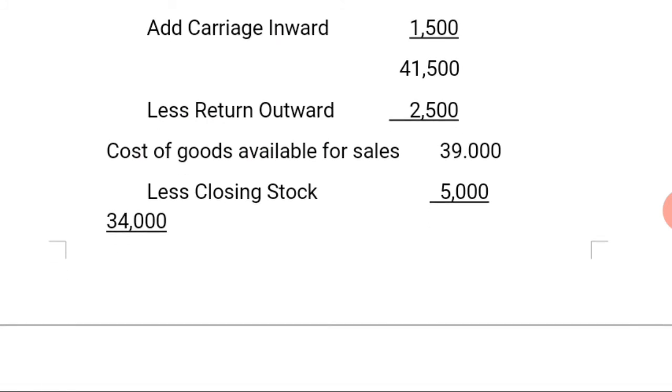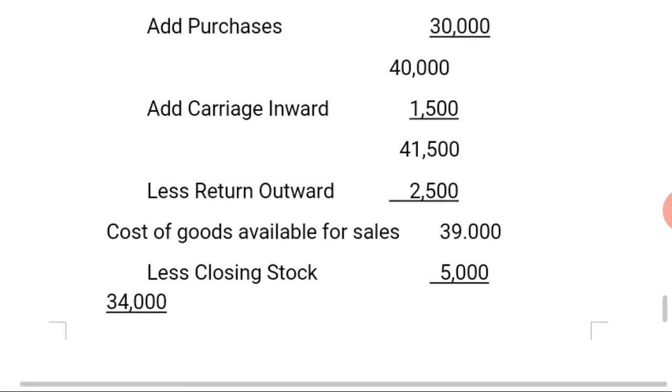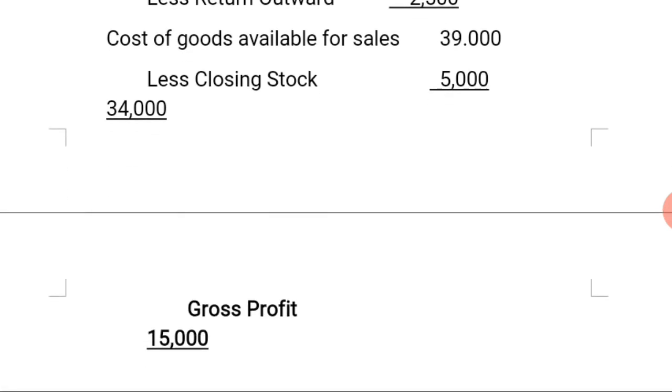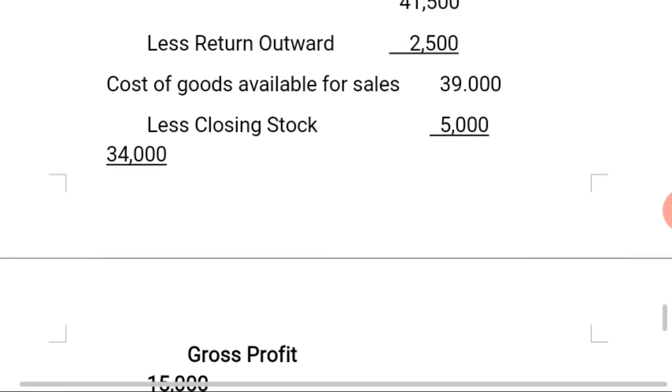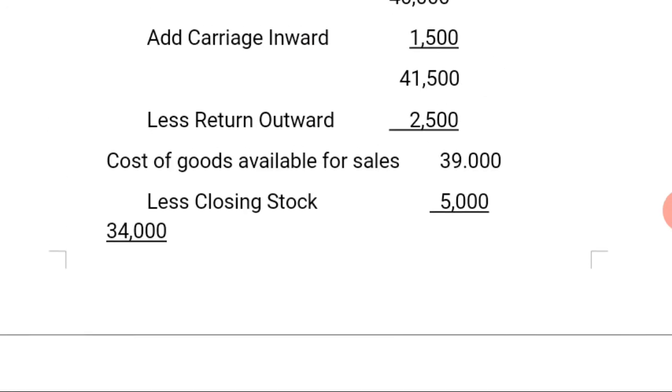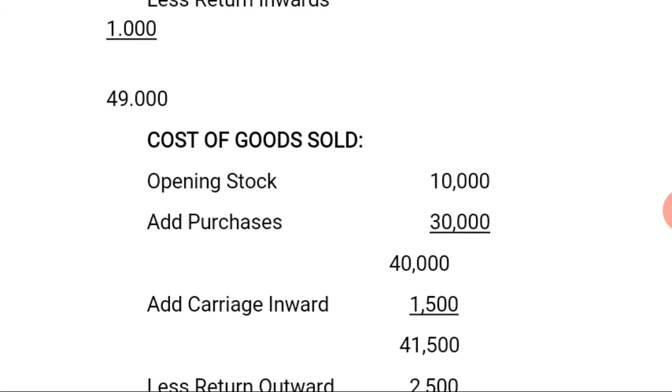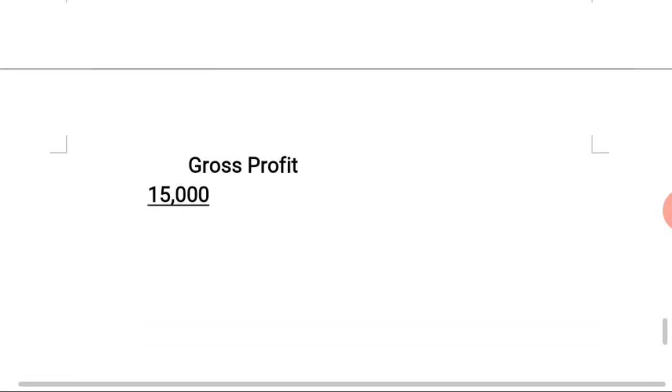From that cost of goods available for sales of 39,000, less the closing stock of 5,000, so we have 34,000 naira as cost of goods sold. Deduct 34,000 naira from the net sales of 49,000 naira, we arrive at the gross profit of 15,000 naira.